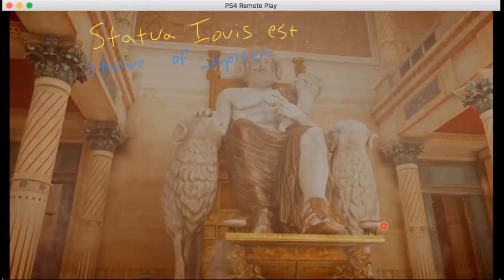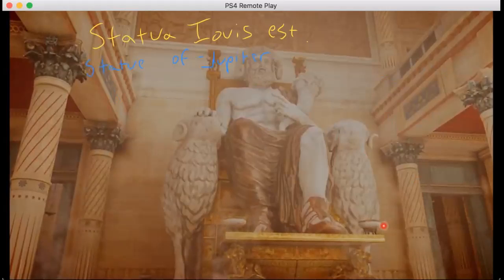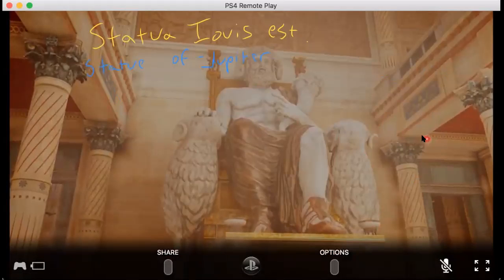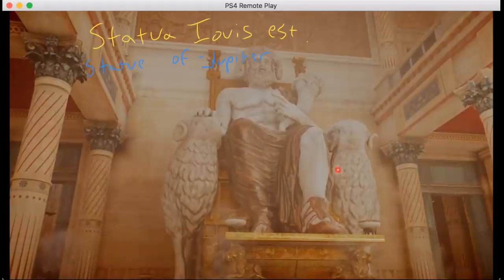So who is Jupiter in Greek mythology? Ooh, might have y'all muted. Jupiter is king of the gods. Jupiter est, I'm going to put it in green, Zeus.